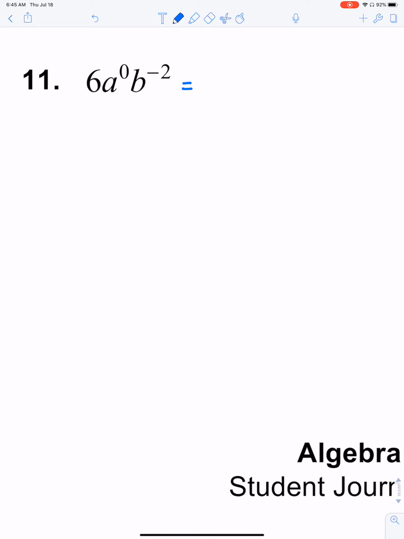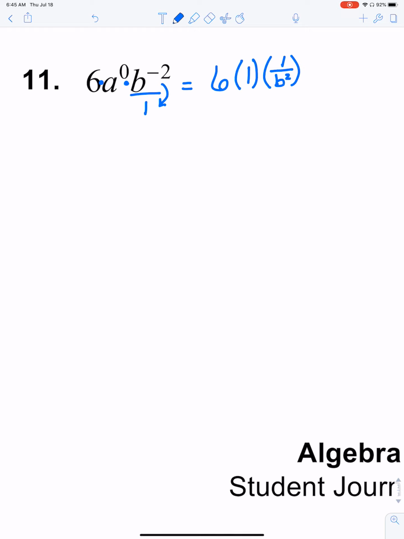11, again, multi-step problem. I'm going to leave the 6 out in front. A to the 0, we know is 1. And b to the negative 2nd power, remember, you have to bring that down. All these are being multiplied, right? So I left the 6, a to the 0 I changed to a 1, b to the negative 2nd now is going to become 1 over b squared.